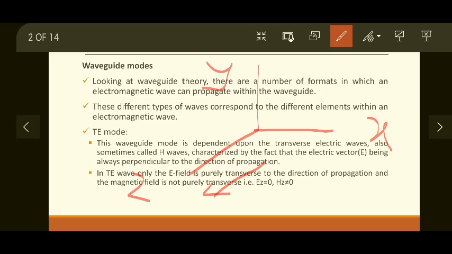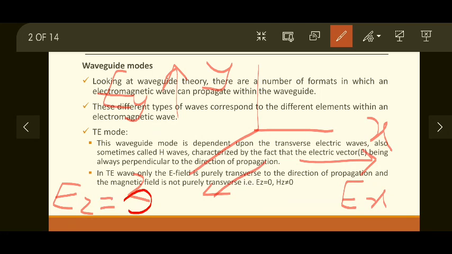In the TE mode, the electric field component of this particular wave is transverse, perpendicular to the direction of propagation. The sides perpendicular to the Z direction are X and Y. That means electric field components Ex and Ey will be present, but Ez, since it is in the direction of propagation of the wave, will be 0. So that is transverse electric mode.